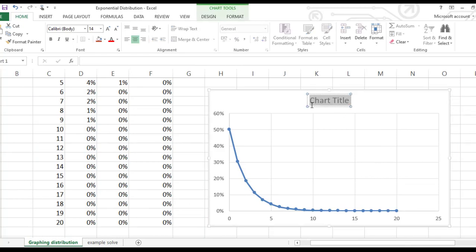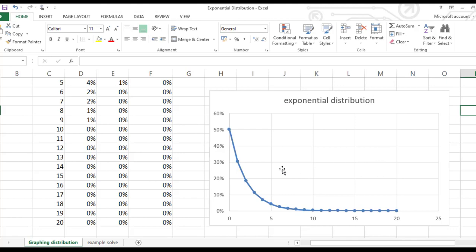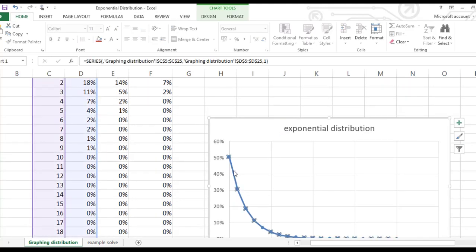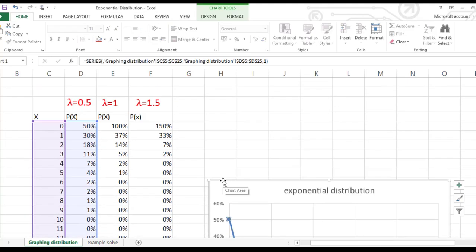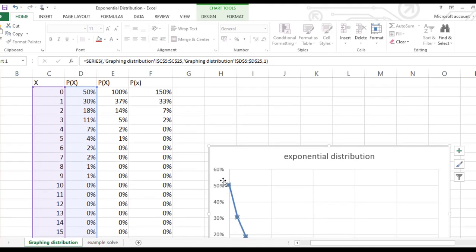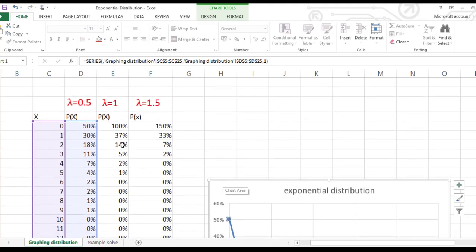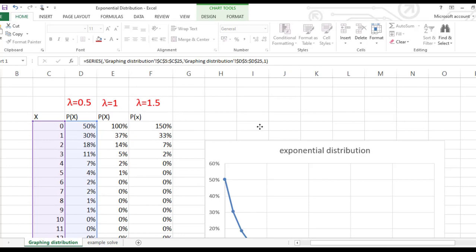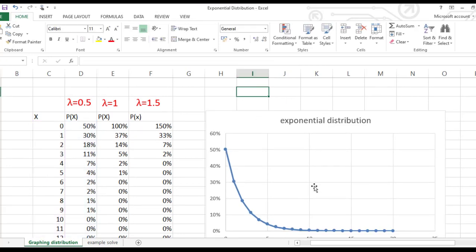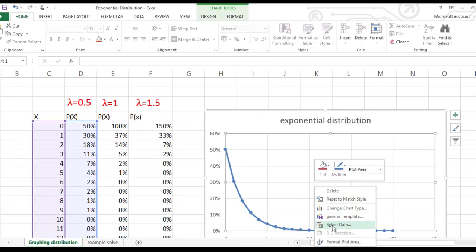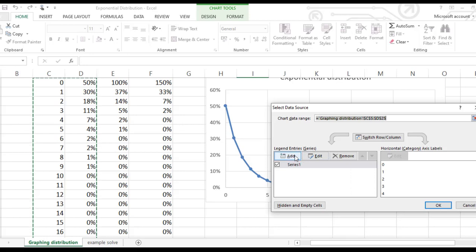Okay, this is the exponential distribution. Now this is the first graph for the case when lambda equals to 1.5. Now let us add the second graph to it when lambda is equal to 1. So I am just using the select data command.